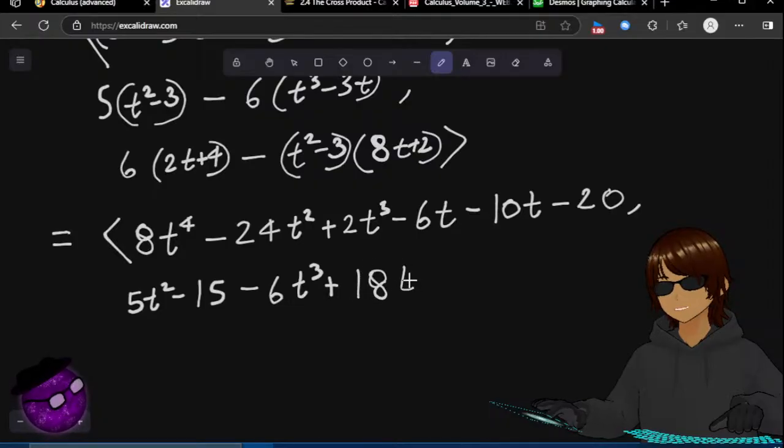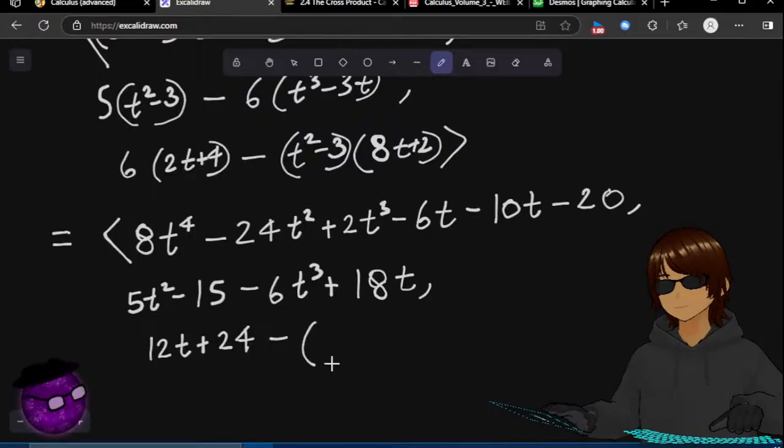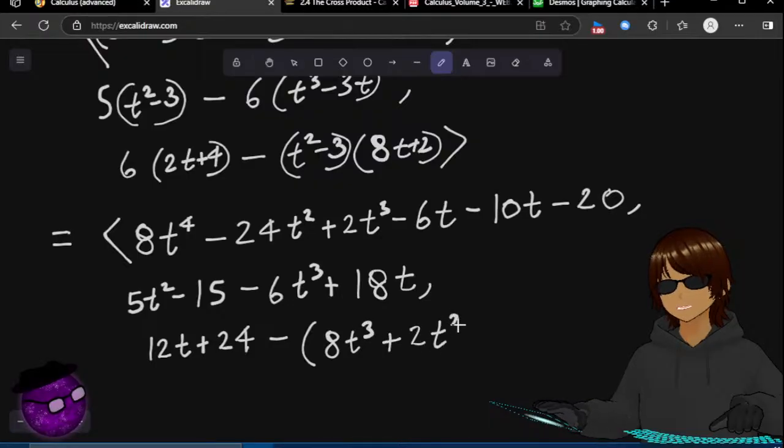Six times 3 is 18t. 6 times 2 is 12. And then, so this 8t square. So, no wait, it's cubed. Plus 2t square, right?